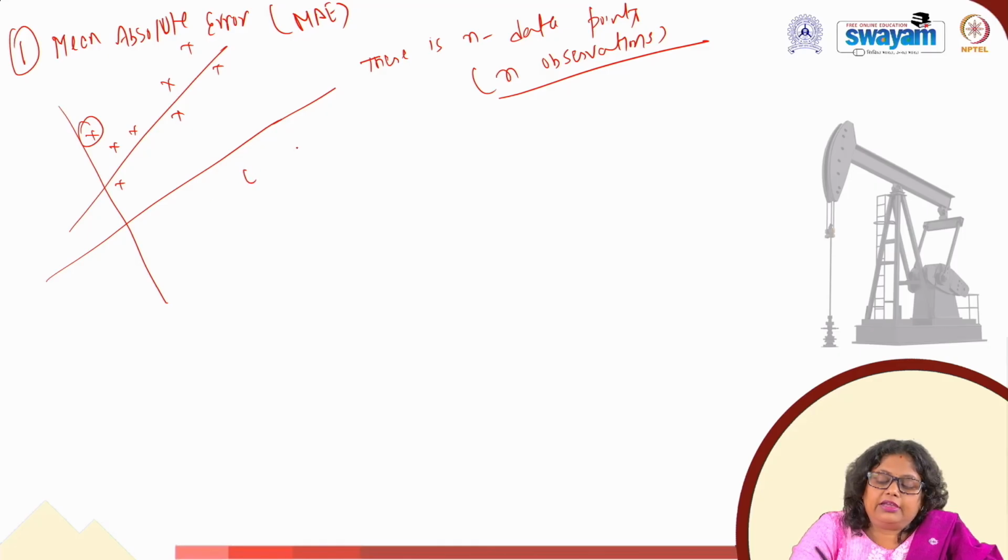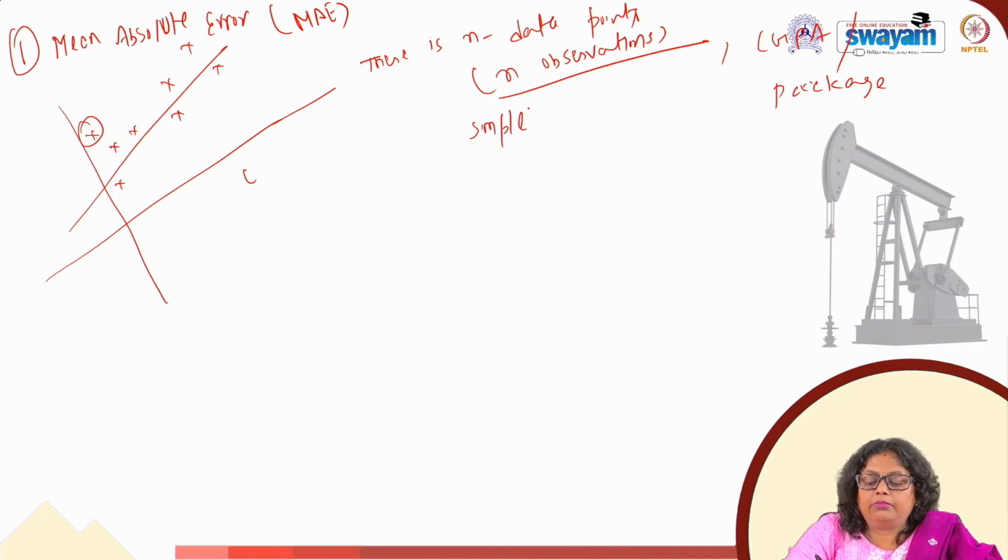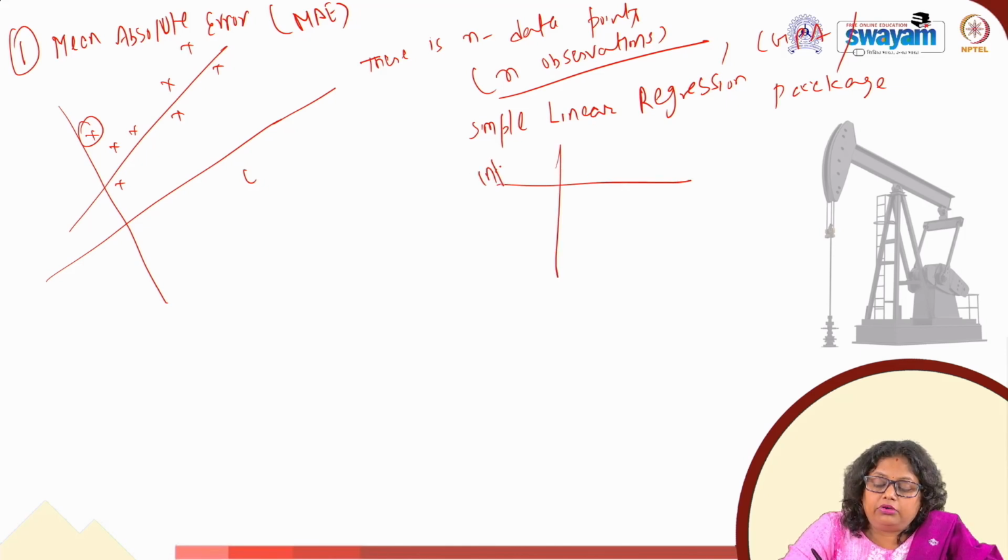We have again the same example, CGPA and package. We are taking only two columns, simplifying with simple linear regression. So one is the input and the other one is the target.